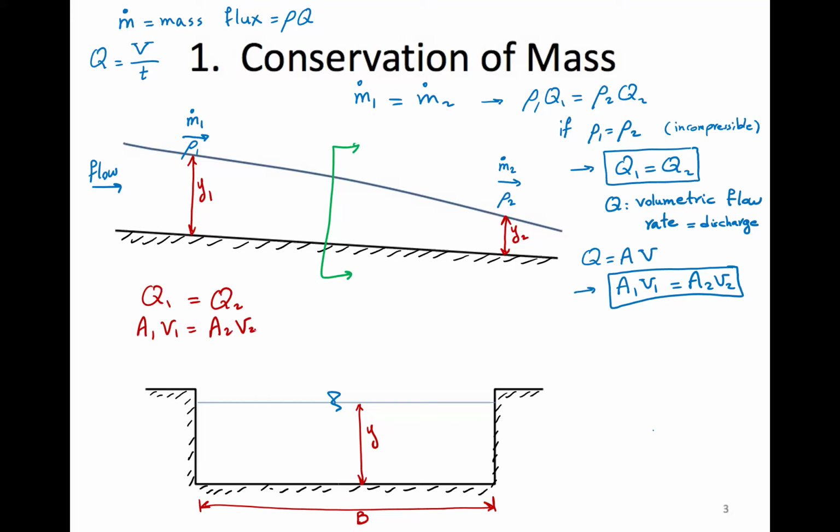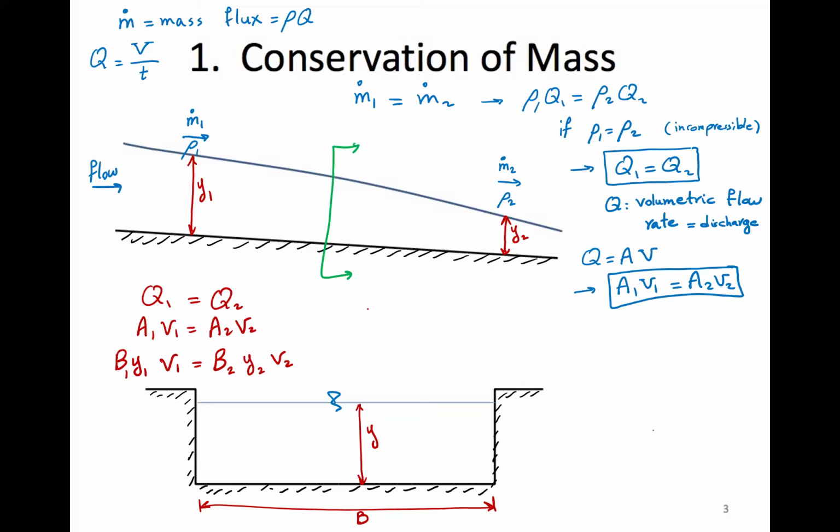All right. If it's a rectangular channel, what do we have? Area in a rectangular channel is as simple as width times depth. So B times Y1 times V1 is equal to B, the same width. Again, the channel geometry is not changing. Actually, I'm going to write in a general form for now and then add that as a condition: B2 Y2 times V2.